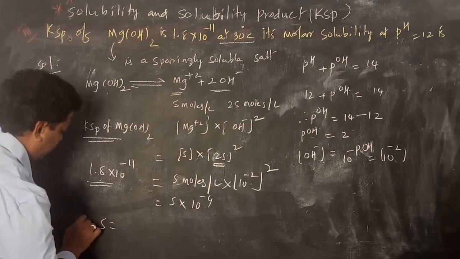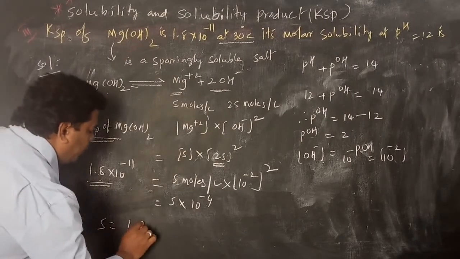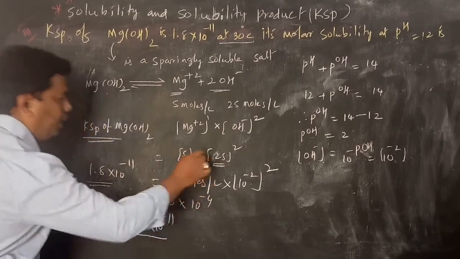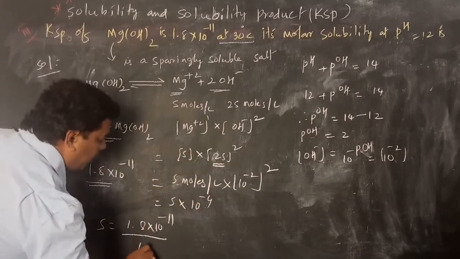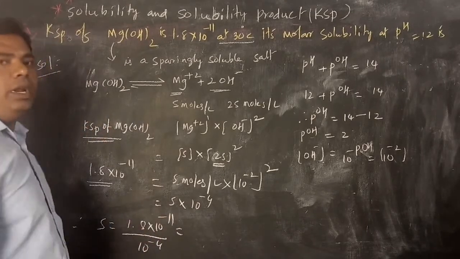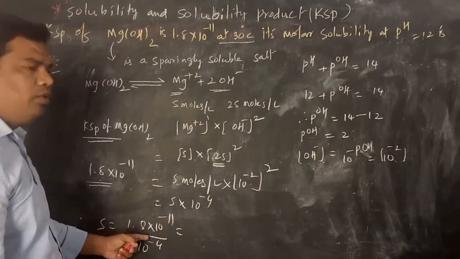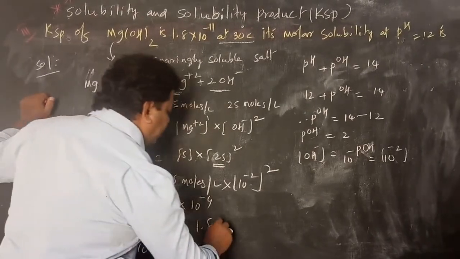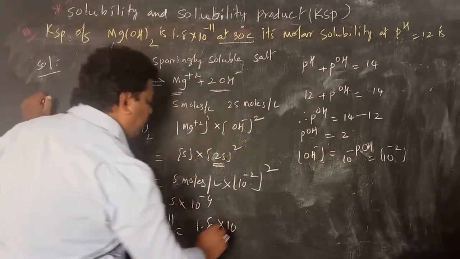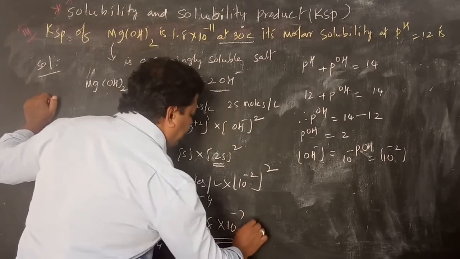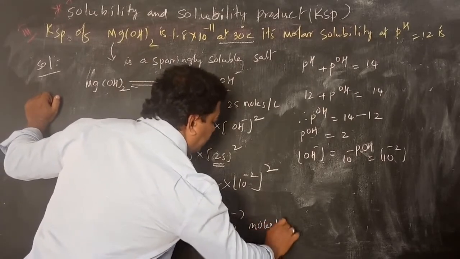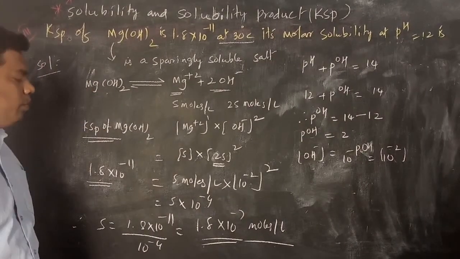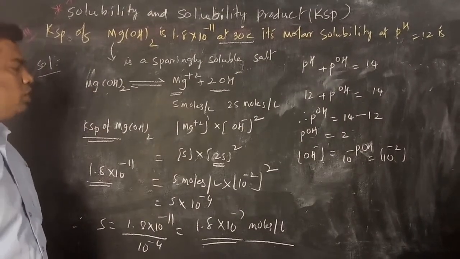Therefore S is equal to 1.8 into 10 power minus 11 divided by 10 to the power of minus 4. After simplification we get 1.8 into 10 to the power of minus 7 moles per liter.